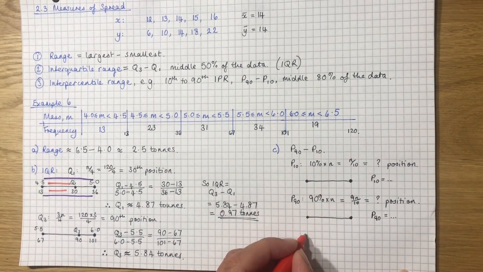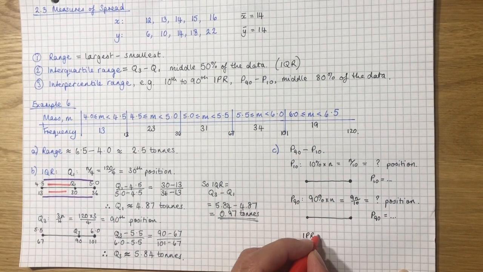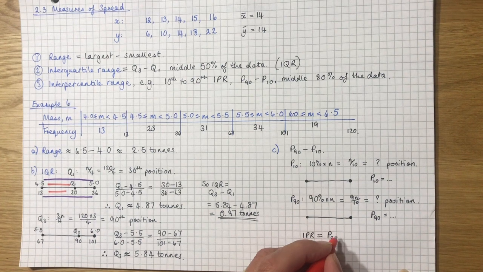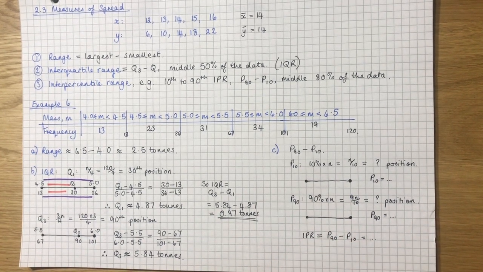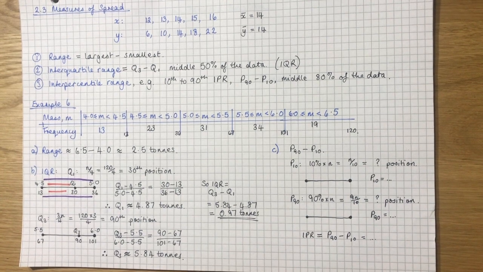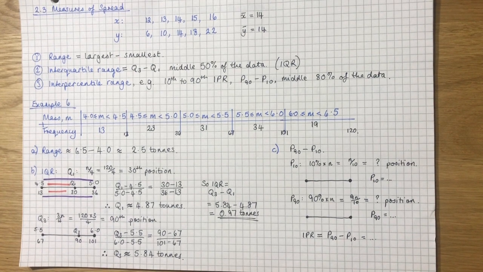And then I'm going to find my interpercentile range by going the 90th minus the 10th percentile, and I'll get my answer there. Don't forget to put your units on it, and once you've got it, double check it against the book and make sure you're happy with it. When you are, have a go at exercise 2D.